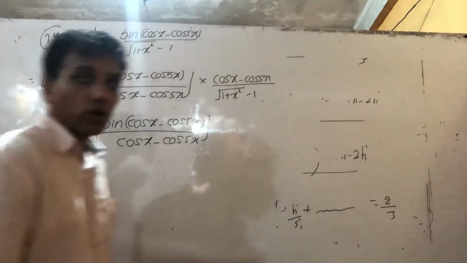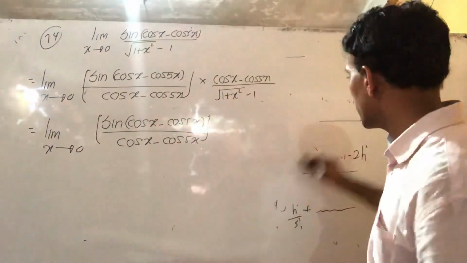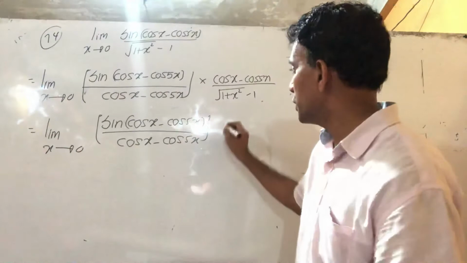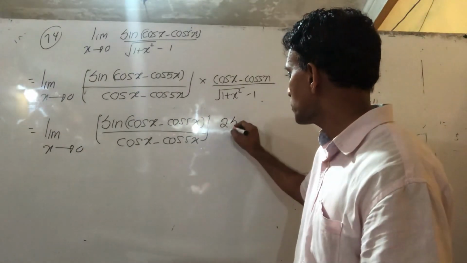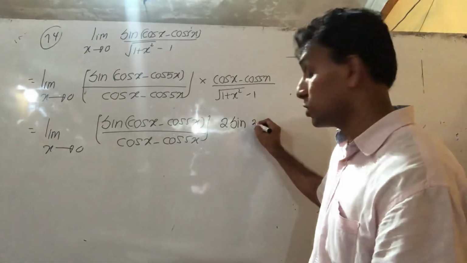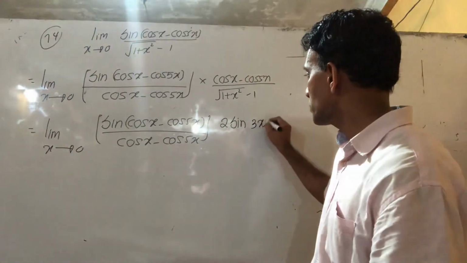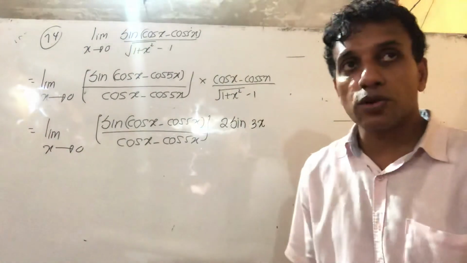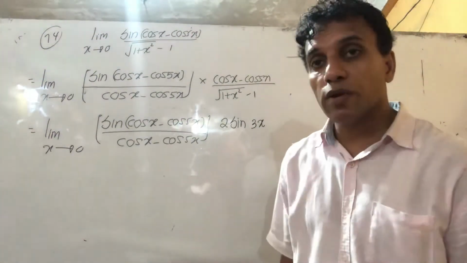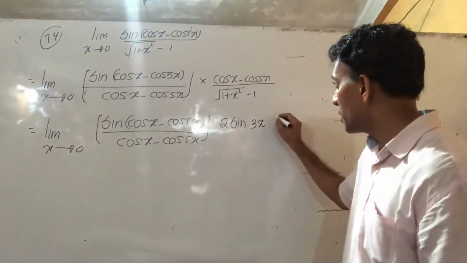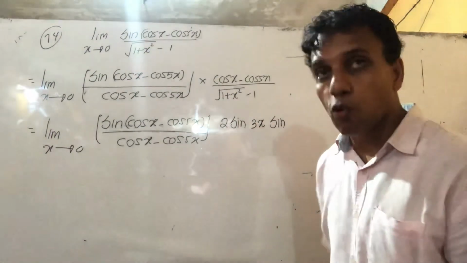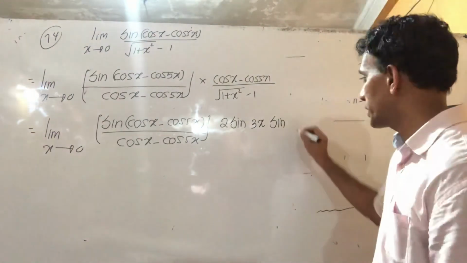Use the trigonometry cos c minus cos d factor formula. What is cos c minus cos d? 2 sine of (c plus d) by 2, that is 6x divided by 2, 3x. Again sine of (c minus d) by 2, this minus that, 4x divided by 2, 2x.